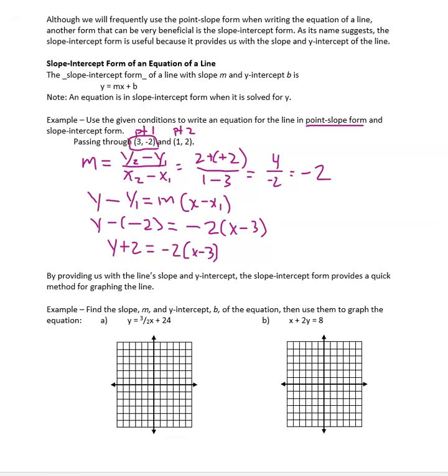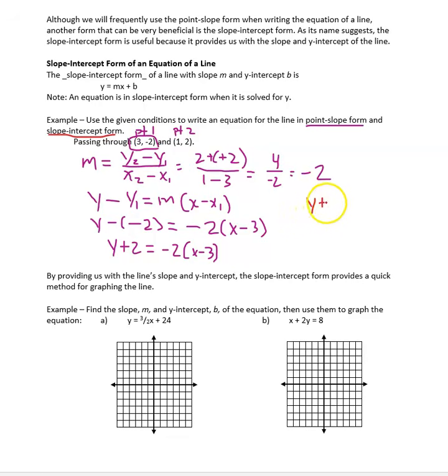However, it also asked us to write it in slope-intercept form, and so slope-intercept form is actually going to be this same equation, but solved for y, because remember, in order to be in slope-intercept form, it has to be solved for y. So to solve it for y, the first thing I'm going to do is to distribute the negative 2.